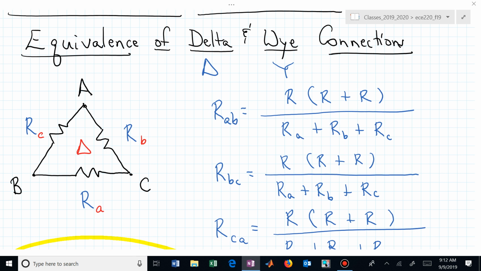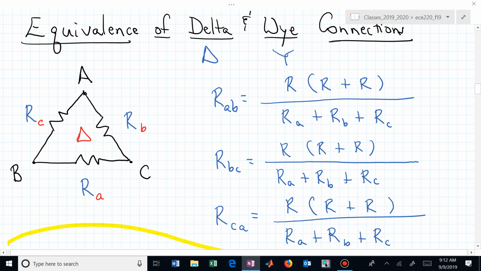Once we have that consistent labeling of our delta connection, now we can write down these formulas for the three different measurements that we could make on that delta configuration. R sub AB, what does that consist of in the numerator? We're measuring between nodes A and B with an ohmmeter.